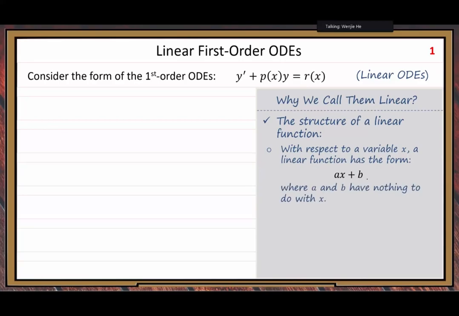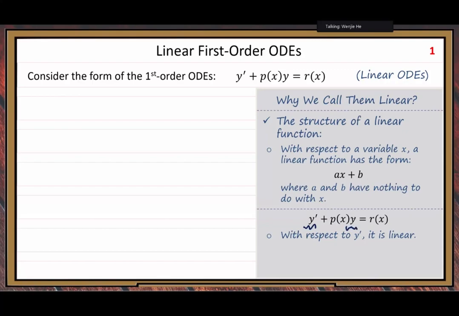Based on this understanding, we want to understand this linear ODE. You need to determine your targeting variable first. Here there are two potential targeting variables: one is y prime, another is y.